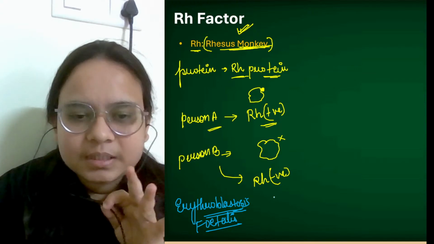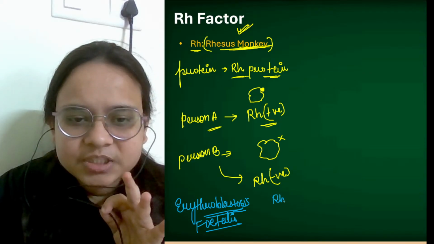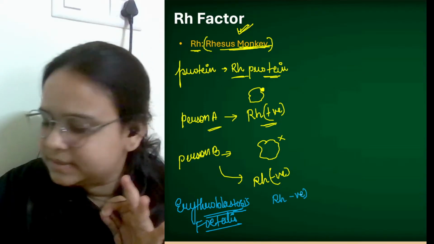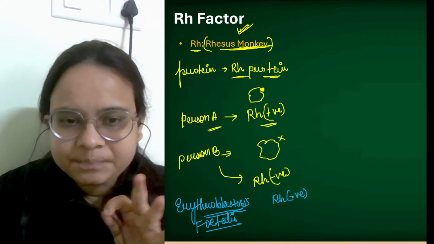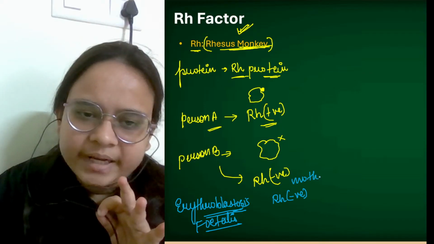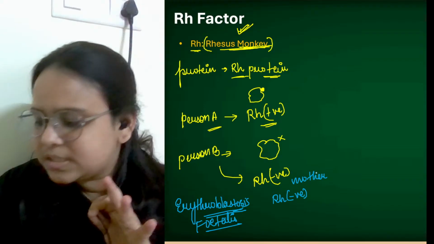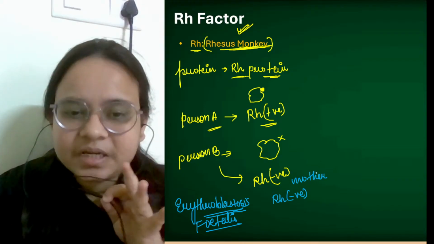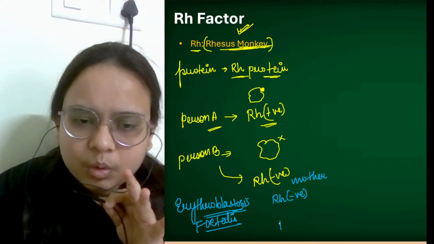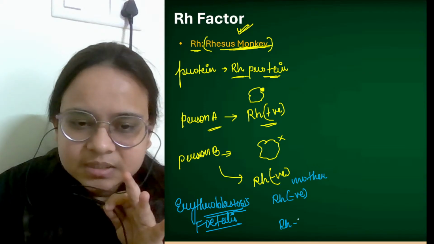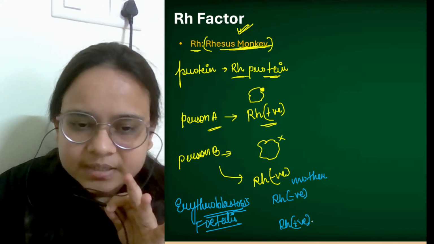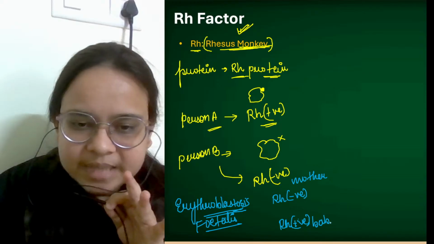Now suppose if a mother is RH negative, जो मम्मी है वो RH negative है. Now suppose she has conceived a baby who is actually RH positive.